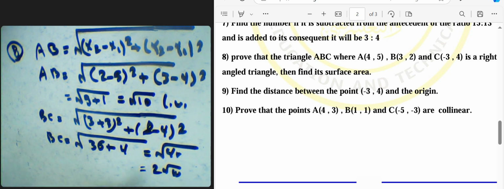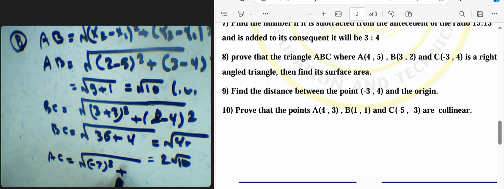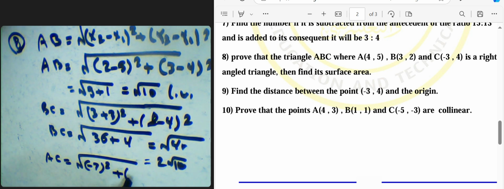And what about the length here of AC? AC, we can find the square root of, we have A and C. Look at with me, negative 3 subtract by 4, it will be negative 7 power 2, plus 4 subtract by 5, it will be 4 minus 5, negative 1.